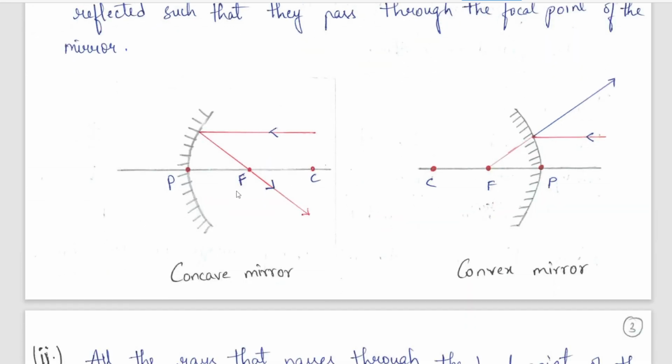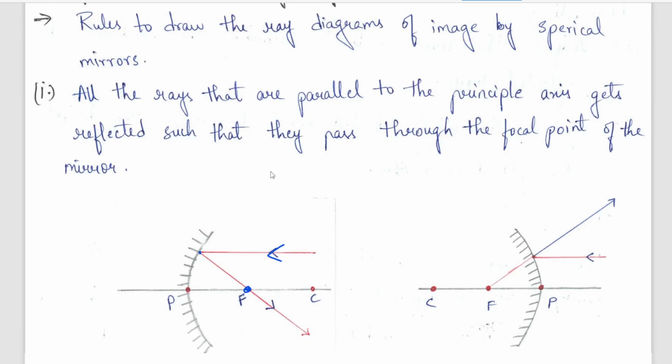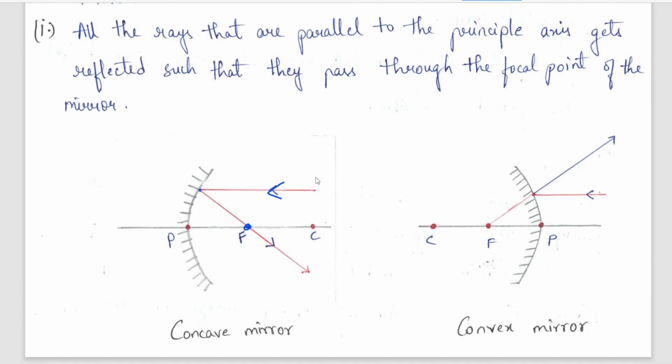Okay, if you see in this diagram, this is a ray coming and falling on the concave mirror, right? This ray is reflected back through the focal point. Okay, this is what the first rule is telling us.